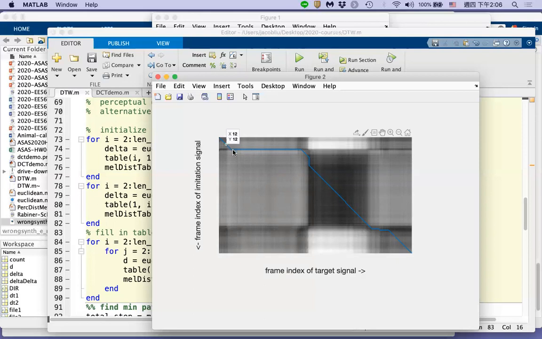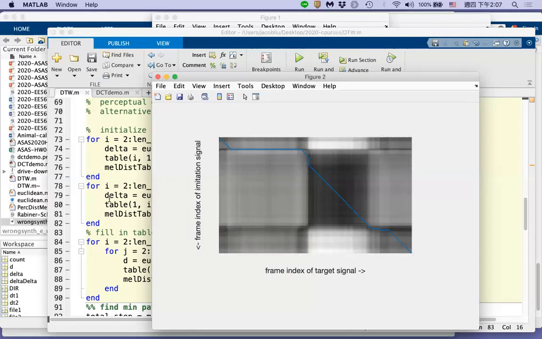At every given pixel, it can only go 3 different directions. It cannot go backward. And then dynamic time warping finds the path which has the smallest total distance. That's what it does.